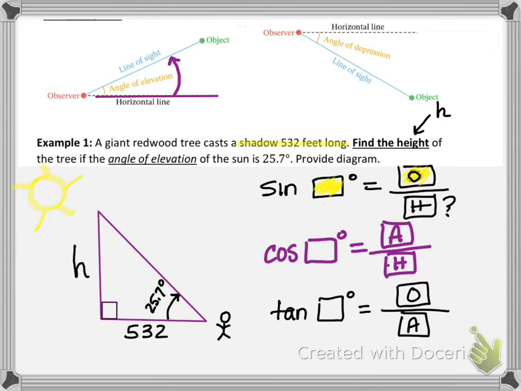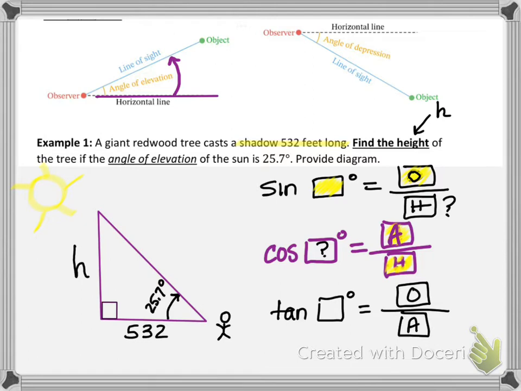And that would be the question mark. Or I might say, you know what, I'm actually going to give you the adjacent. I'm also going to give you the hypotenuse. And I want the student to look for the cosine angle. I want them to find the angle.